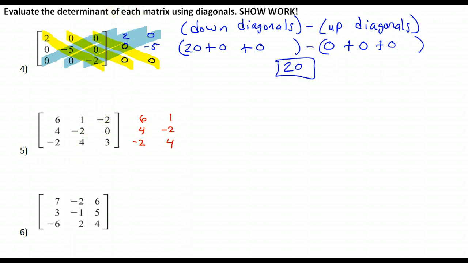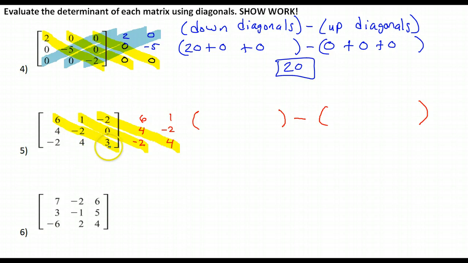So I'm supposed to do down diagonals minus up diagonals. So here we go. Down diagonal, down diagonal, down diagonal. All right, so I've got 2 times 3 is 6.